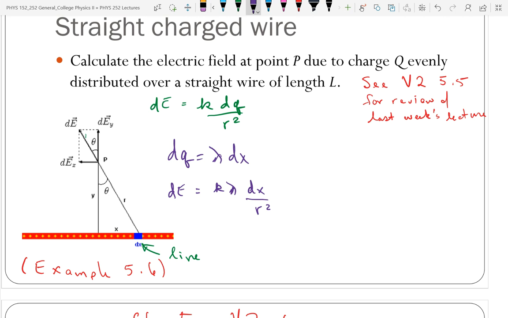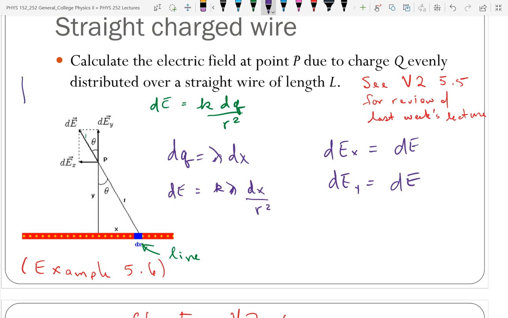Because now I need to break dE up into the components because it's actually a vector. So dEx and dEy. I'm just going to have dE times, and I'll use my trigonometry. So you see how theta is defined.